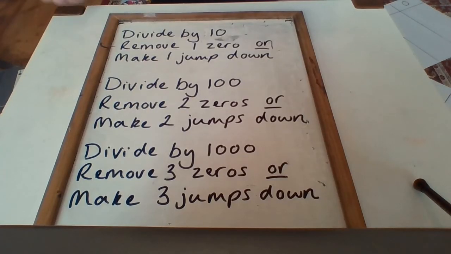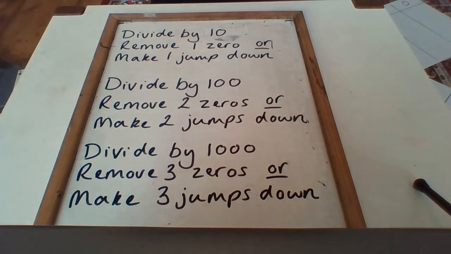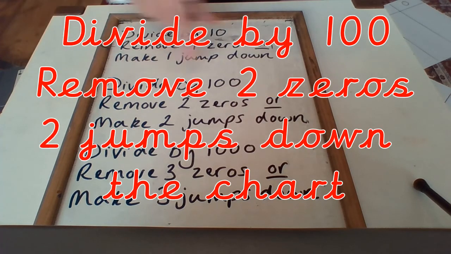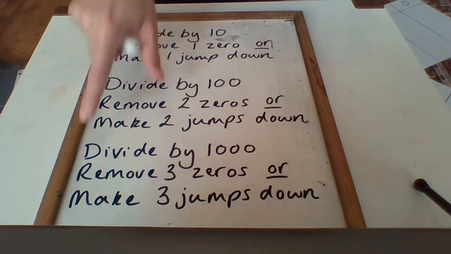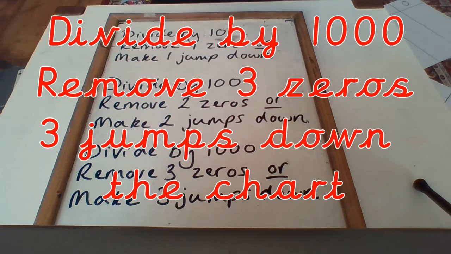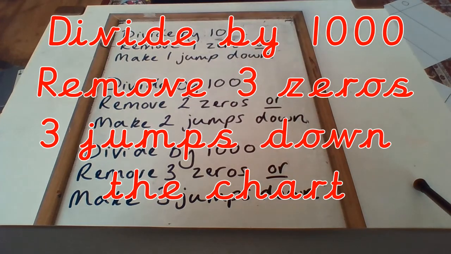So what we've done so far is looked at the ways of dividing by 10, by 100 and by 1,000. So let's just recap. To divide by 10, you can either remove 1 zero or make 1 jump down the chart. To divide by 100, you can remove 2 zeros or make 2 jumps down the chart. And to divide by 1,000, you can remove 3 zeros if your number has 3 zeros on it, or make 3 jumps down the chart.